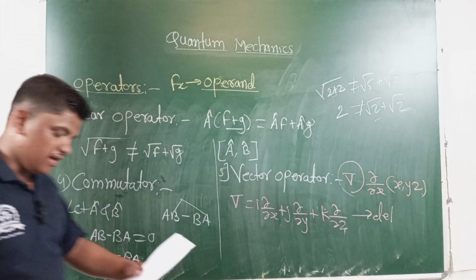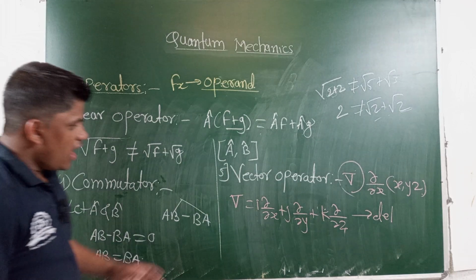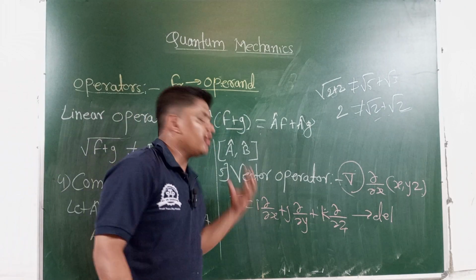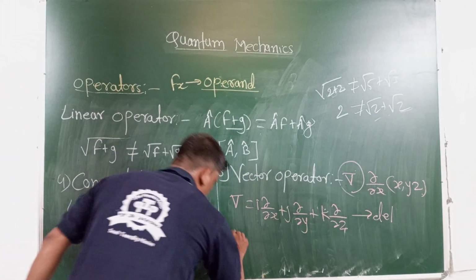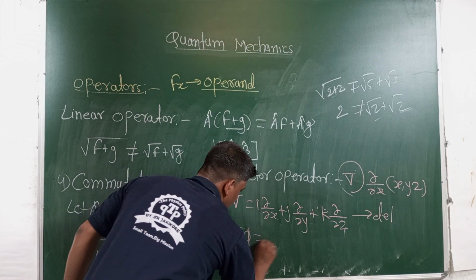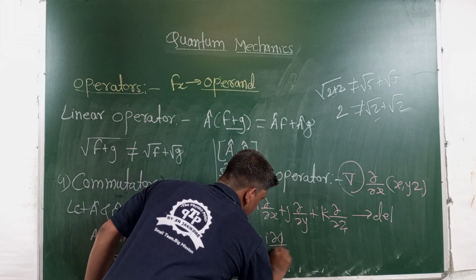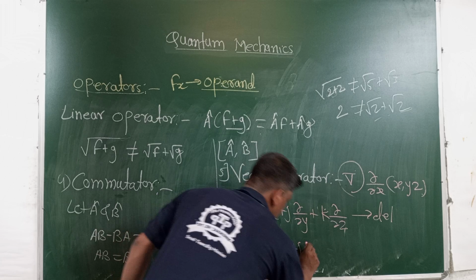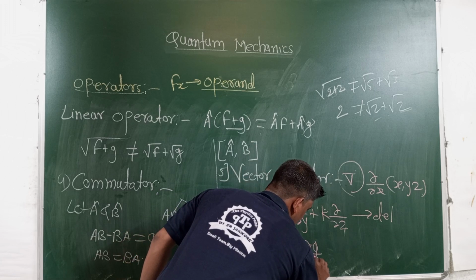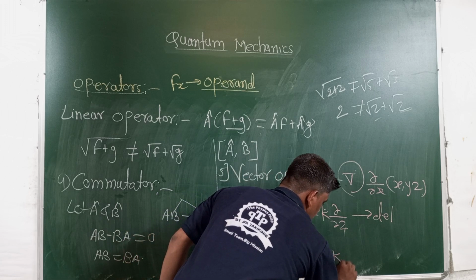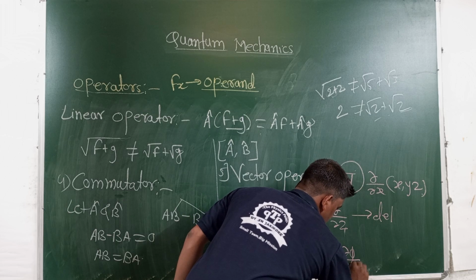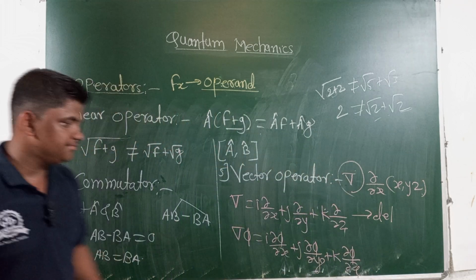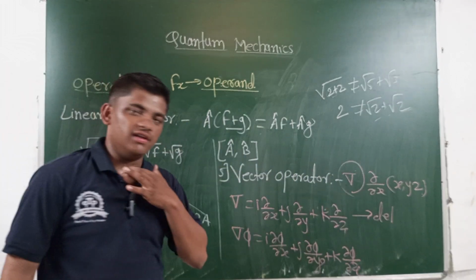When this operator is operated on the function phi, we get i into del phi by del x plus j into del phi by del y plus k into del phi by del z. This is the vector operator.